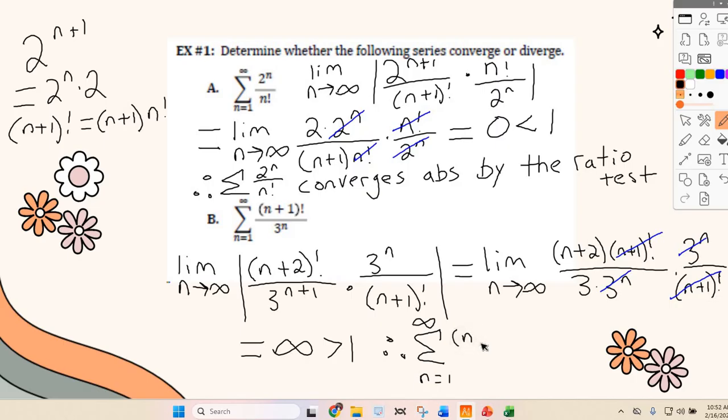It diverges by the ratio test. Questions on that?